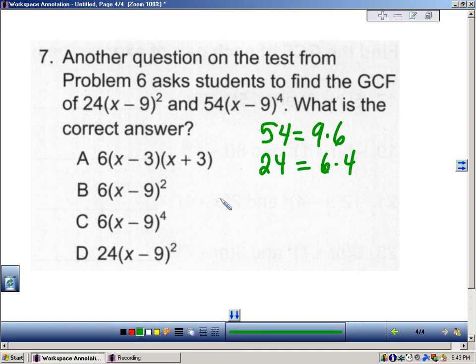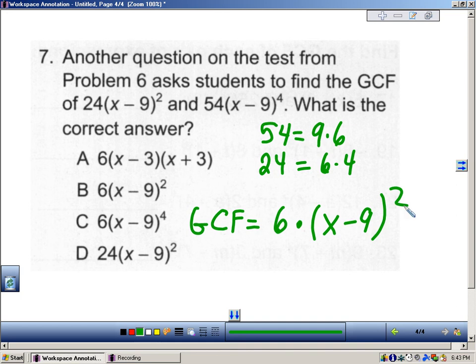With that said, the GCF is 6 multiplied by the greatest common expression factor, right? The GCF of the expression. And we know it's going to be x minus 9, right? The lowest power is 2. And that's your answer. So we can get rid of that and write it in proper form.